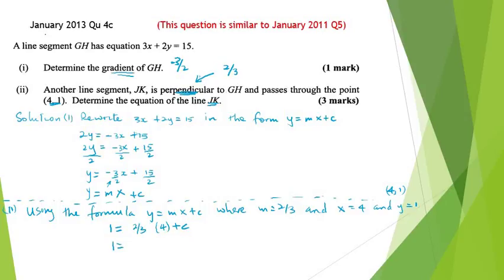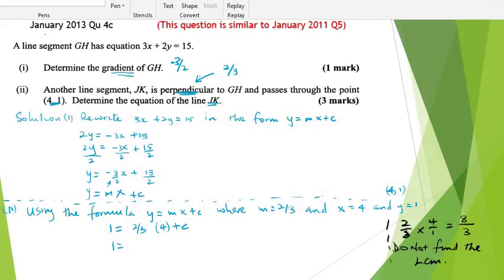Let me do that on the side for you to see, in my working column. 2 on 3 multiplied by 4 on 1: nothing can cancel out, so you end up with 2 times 4, 8, over 3 times 1, 3. Do not find the LCM because we are not adding or subtracting two fractions.